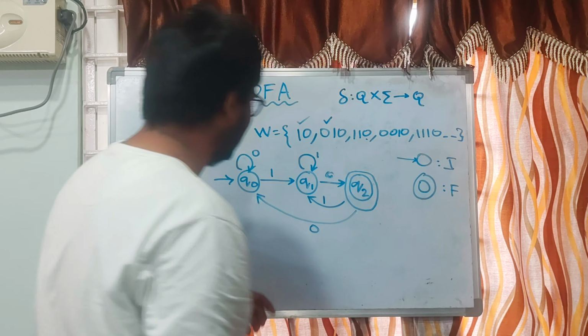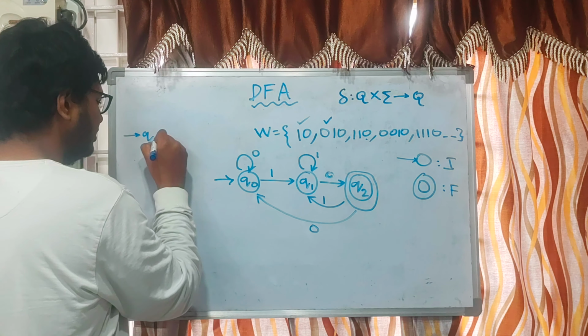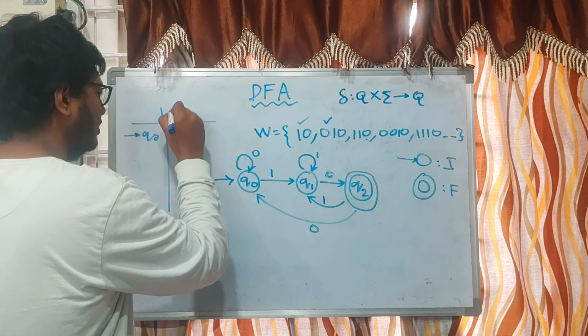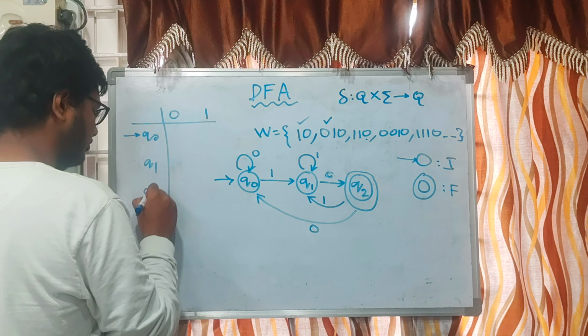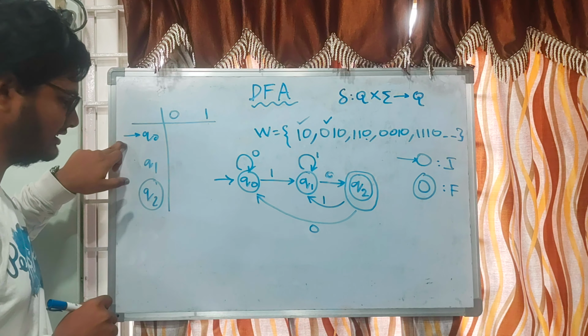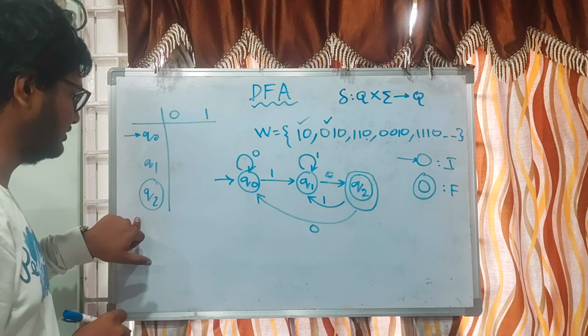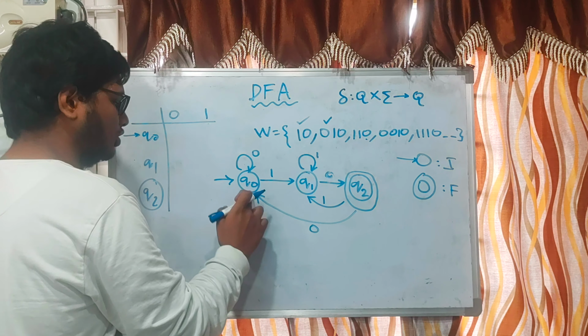The transition table is very simple. Once you get to the finite automata, it is simply on 0 and on 1. We have Q0, Q1, Q2. Same, the initial state is represented with this arrow and the final state with the circle symbol. Now, Q0 on 0, it will go to Q0 itself.